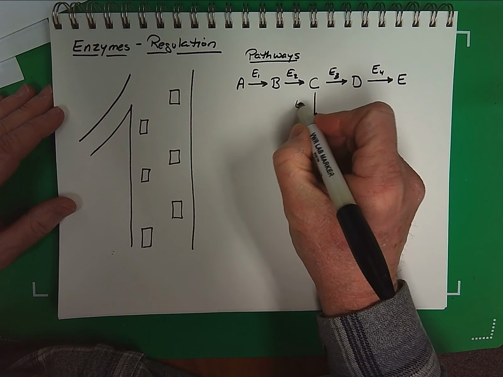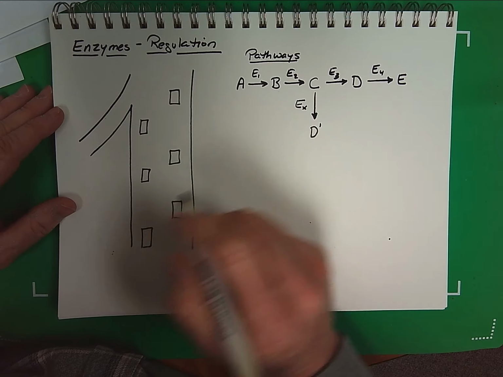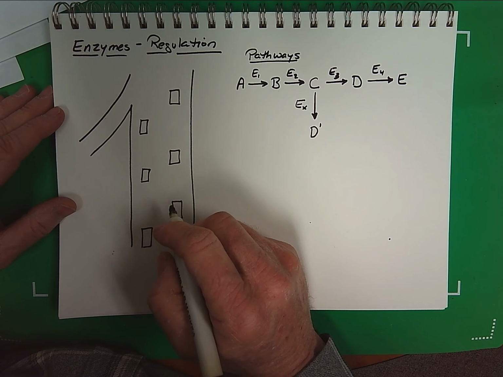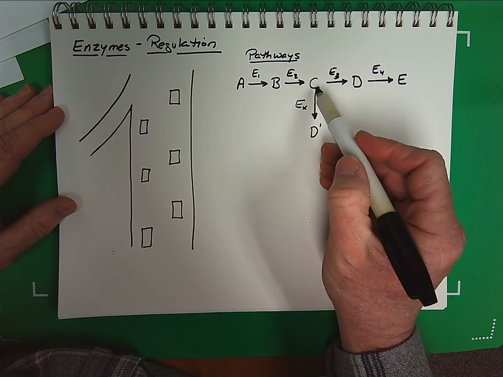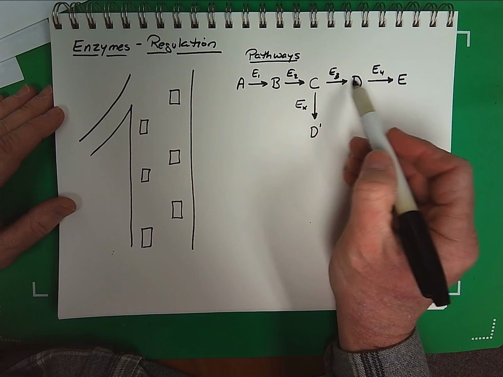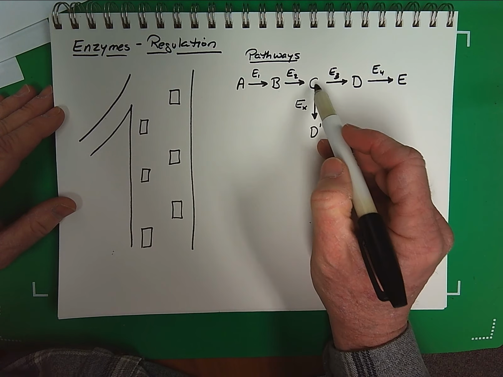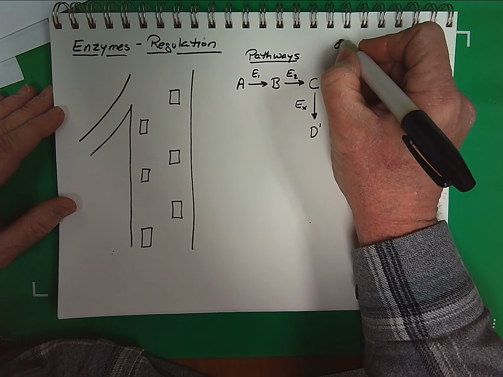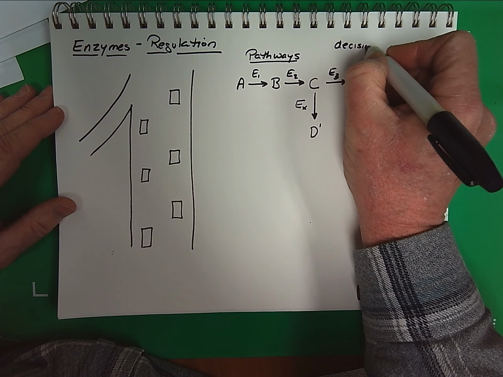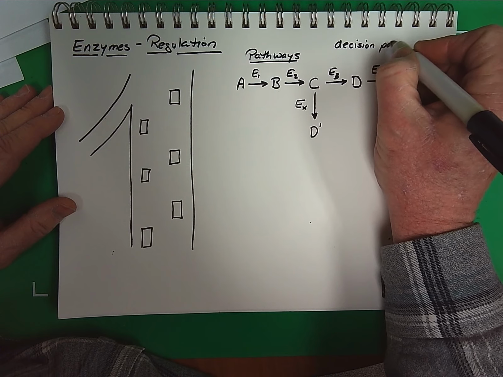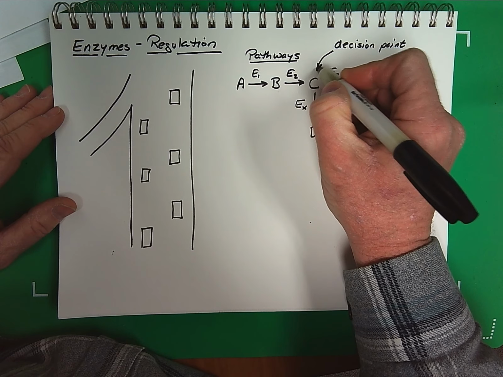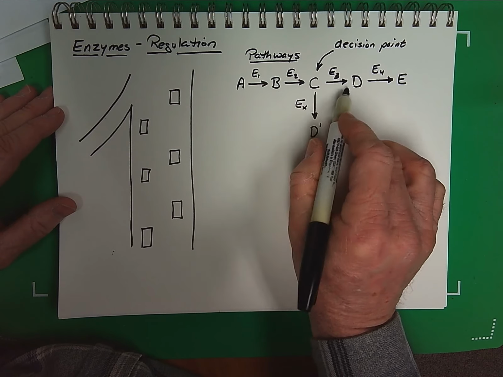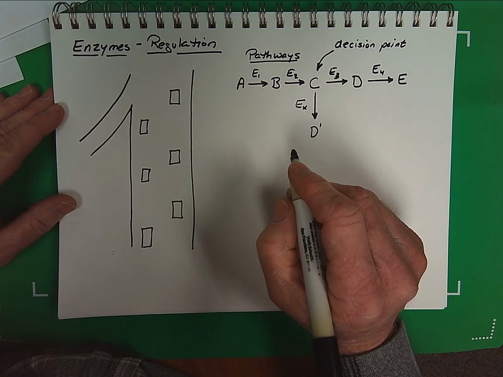This might be done by enzyme X. Now the question becomes this direction versus this direction, C to D or C to D prime. This is what I like to call a decision point. A decision point simply means that we have the possibility of a substrate becoming two products.